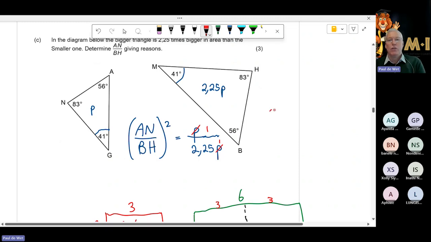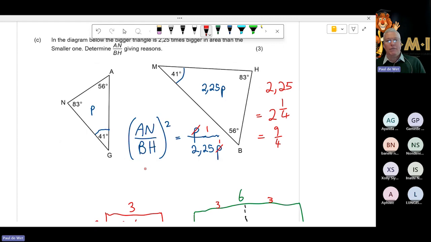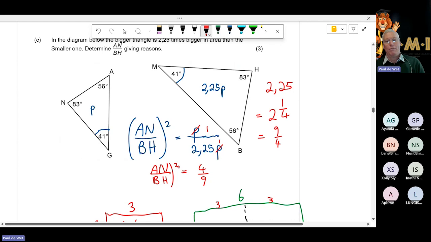Can anyone tell me what 2,25 is as a mixed number? 2 1/4, it's 9 over 4. When you go 1 over 9 over 4, you obviously get 4 over 9. What should I do to both sides now to find AN over BH? Square root both sides. So in fact, guys, AN over BH is 2 over 3.